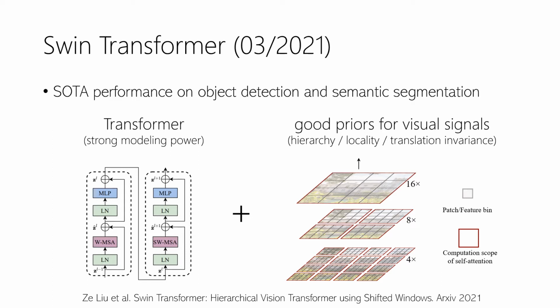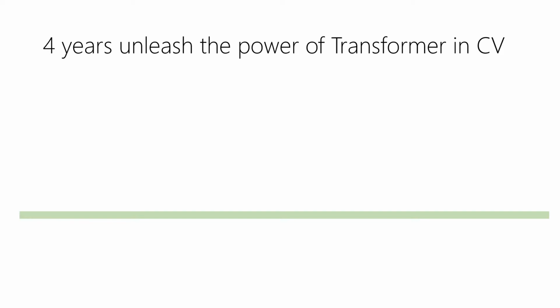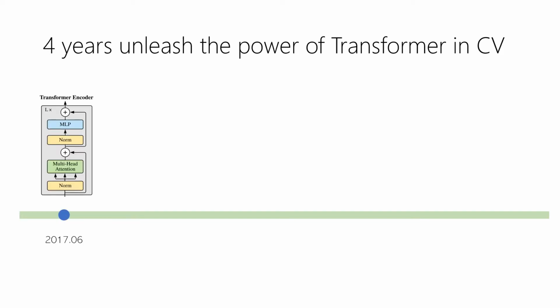Both the ideas of Swin transformer and ViT are very simple. However, the road towards these architectures takes 4 years. In fact, soon after transformer was invented in the NLP field 4 years ago, the computer vision community has started to tame this architecture for computer vision.